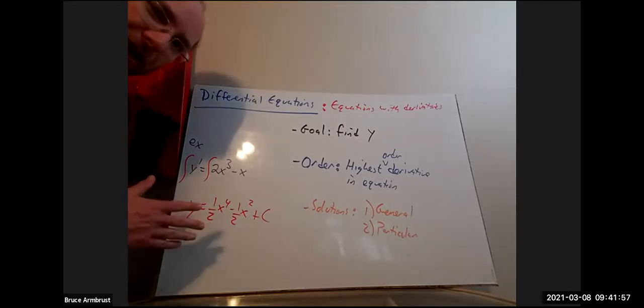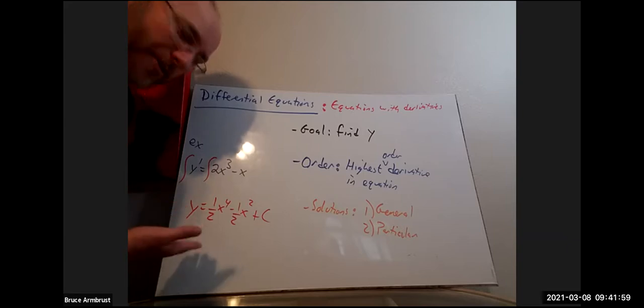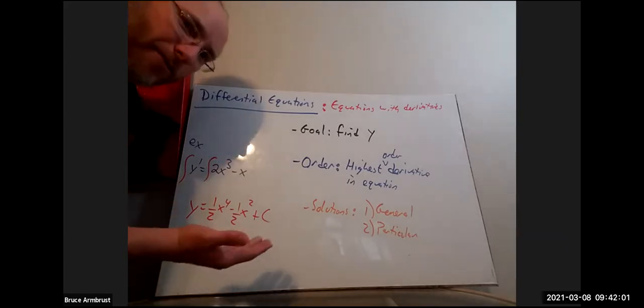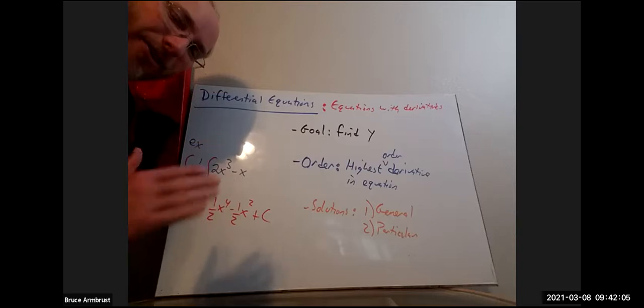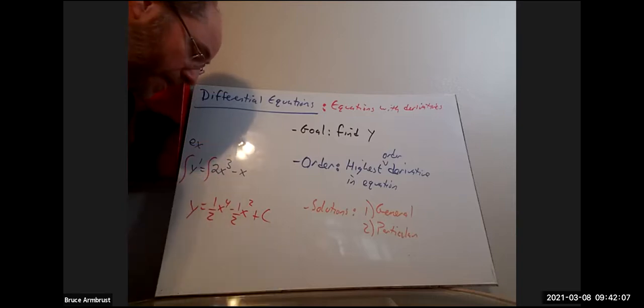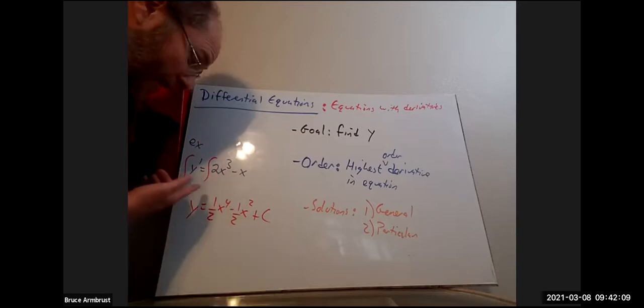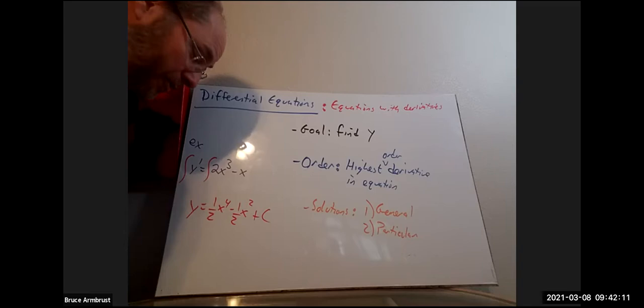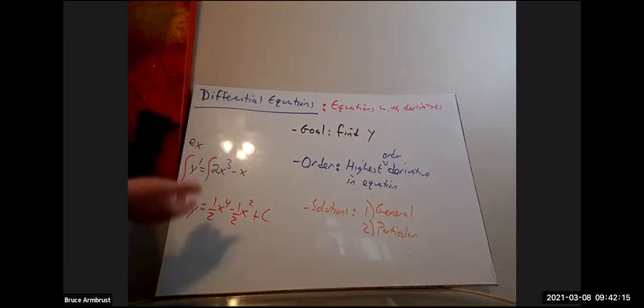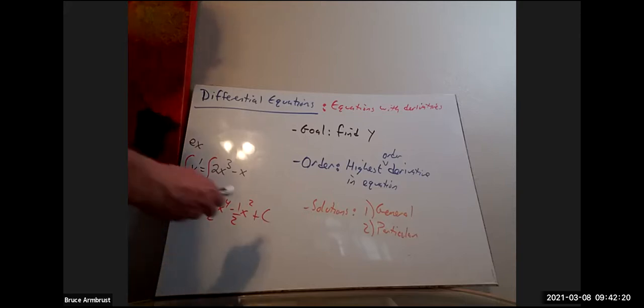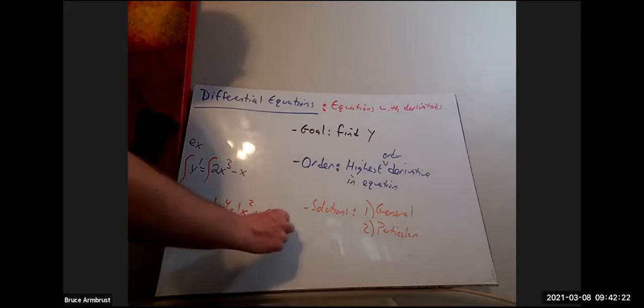As soon as you start throwing other things in there, like that next one, y prime minus y equals 1 or something like that, that y prime and y together make it so that we have to try different things. But yeah, you know how to do some of these already. All right, well, this guy gives us the plus c, and this would be the general solution.